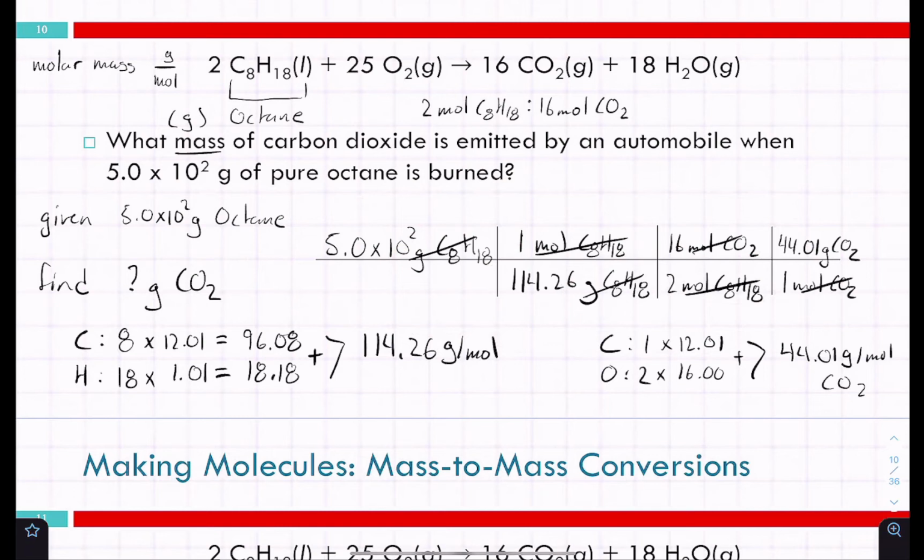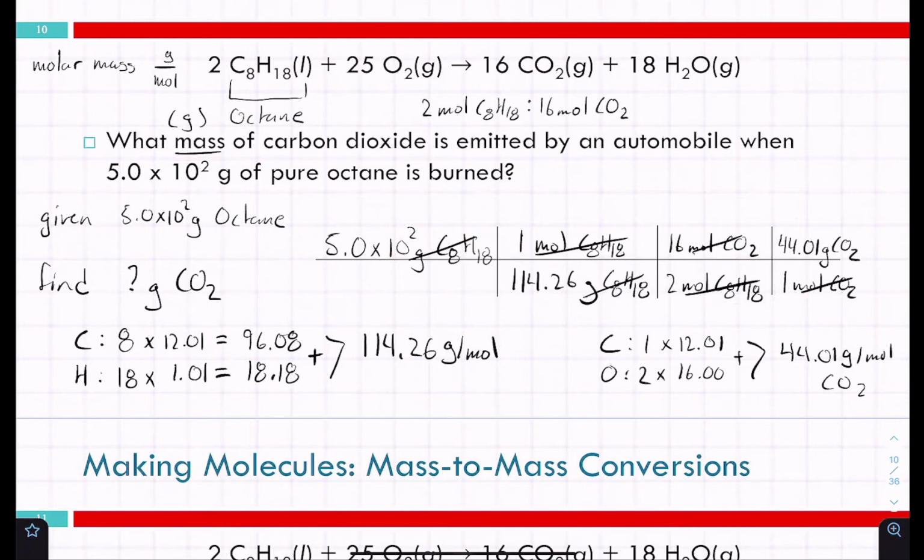So moles of CO2 cancels with moles of CO2, and we're left with grams of CO2, which is what the question's asking for. Now, when you're doing the math for these, because we haven't actually done any calculations until now, you multiply across the top. So multiply everything on top, and then divide by everything on the bottom.